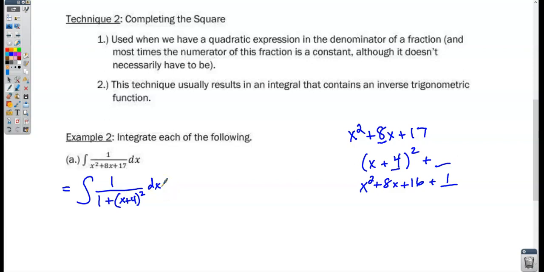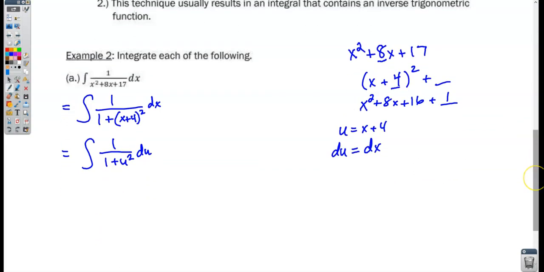From here, this becomes a problem in substitution. I'm going to replace this quantity that's inside the parentheses with a u, and then du is equal to dx. And by making this replacement, this becomes the integral of 1 over 1 plus u squared du, which hopefully by this time you recognize that the arctangent of u is the integral of this.